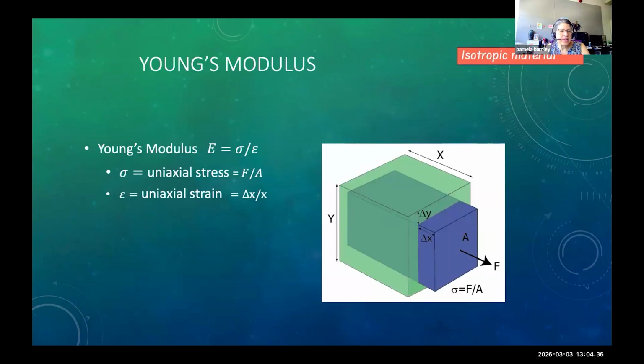So elasticity is the thing that allows us to relate stress and strain. And a very simple modulus is the Young's modulus. So a little diagram from Wikipedia shows that the Young's modulus is the stress divided by the strain. In the little diagram, you can see the stress is force over area, and the uniaxial strain is delta x by x.